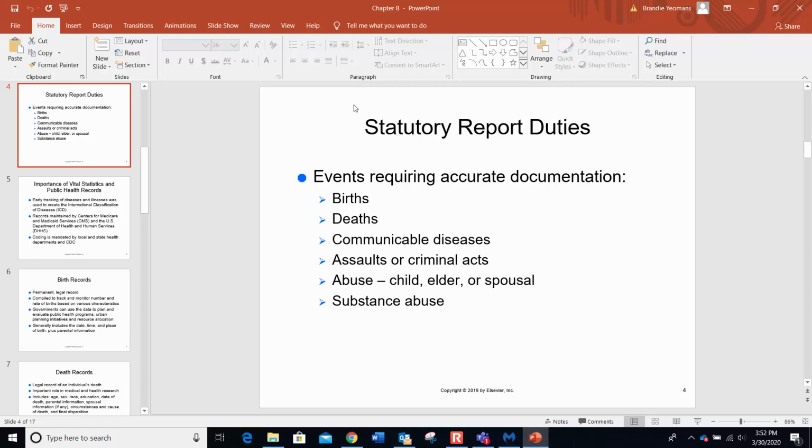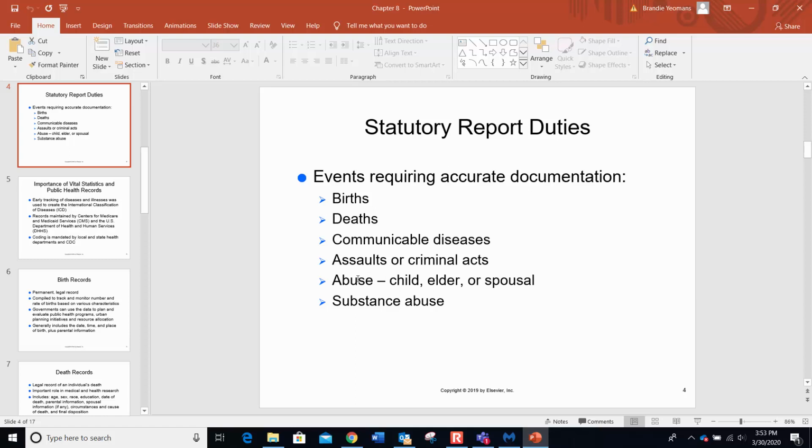Basically, it is reporting that we must do as healthcare workers to inform government agencies of significant activities that have happened, such as births, deaths, communicable diseases, assaults and crimes, and abuse. Also, we report substance abuse.